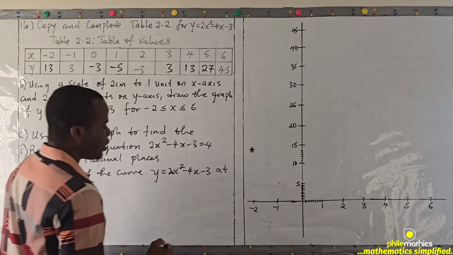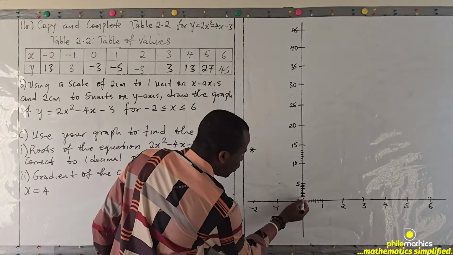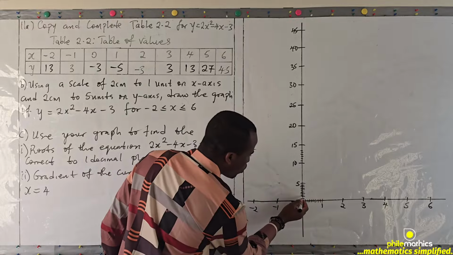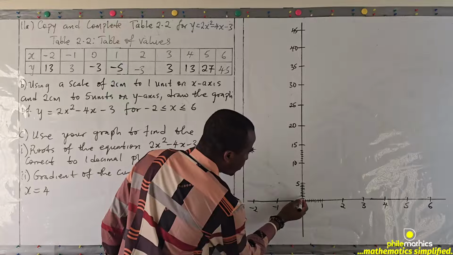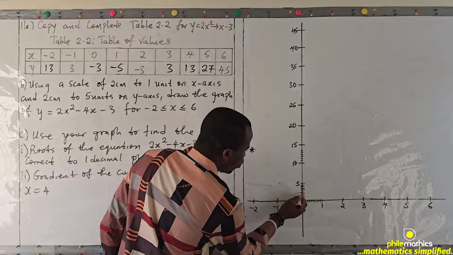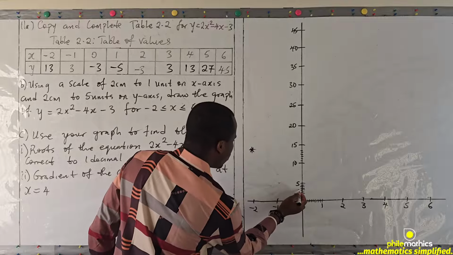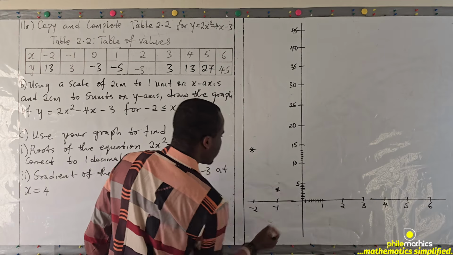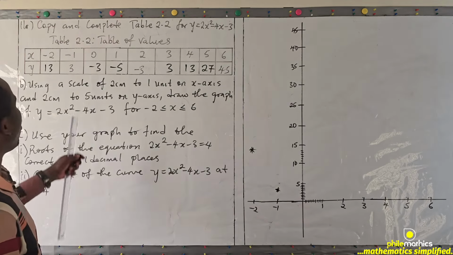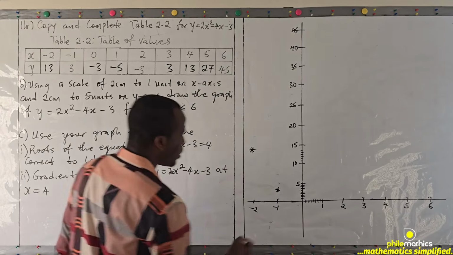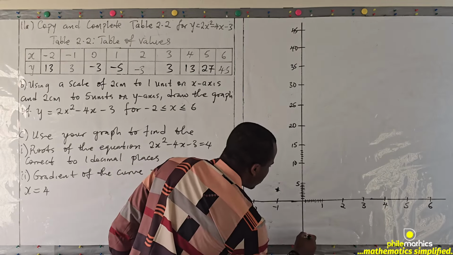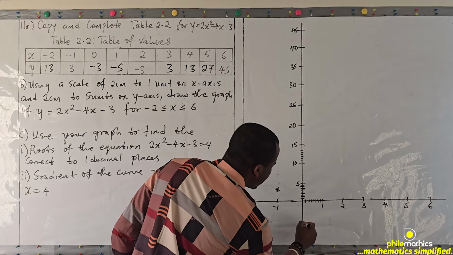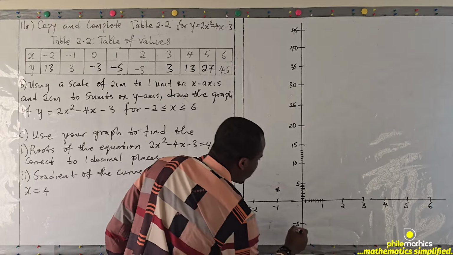For minus 1 is 3. Like I said, each box is 0.5. So this is 1, 2, 3. So for minus 1, we have 3. For 0, we have minus 3. So this is minus 5.